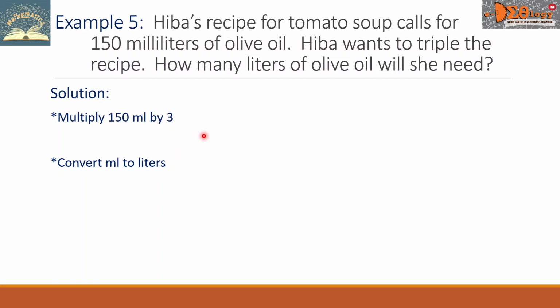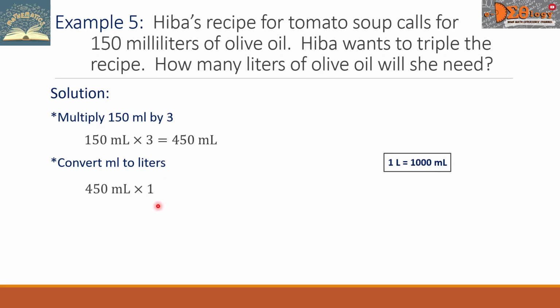Now, we have the first step. So we have 150 ml times 3. And the answer is 450 ml. This 450, let's convert now to liters. So we have 450 ml times 1. And this one is a fraction. Remember our equation that 1 liter equals 1000 milliliters.